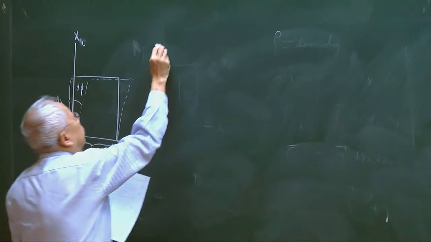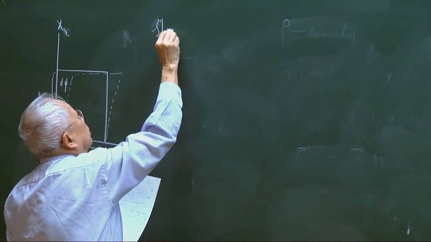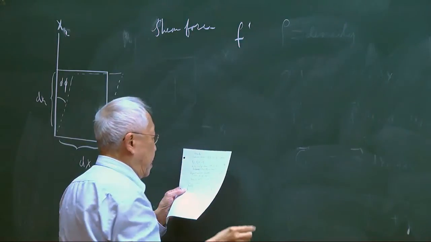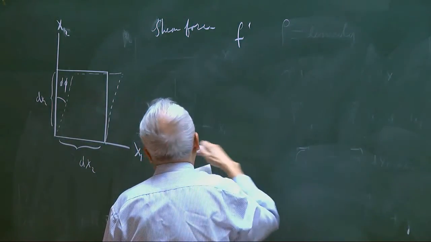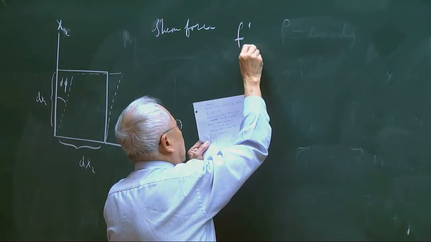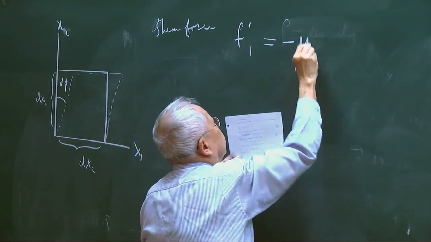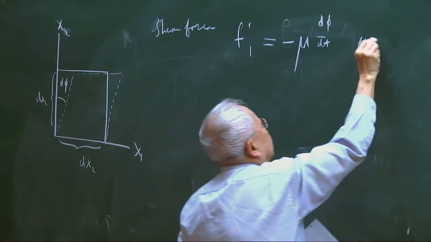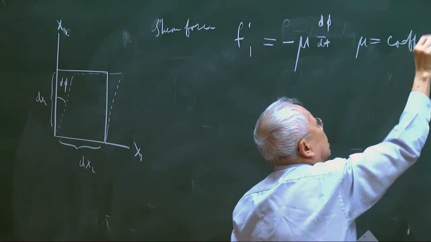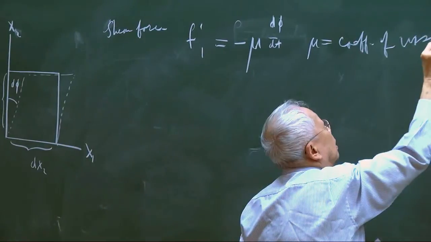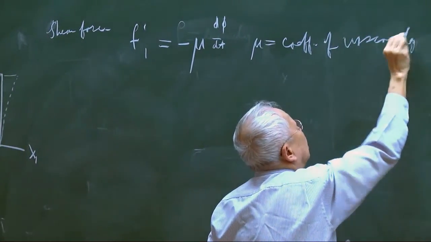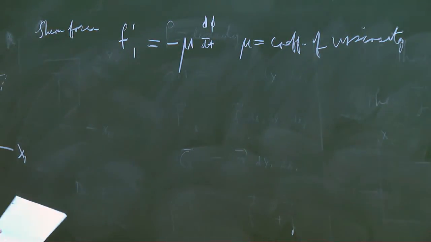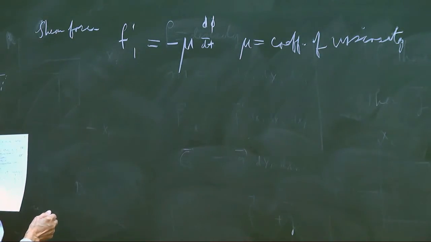The shear force F prime along the one axis is given by minus a coefficient times d phi dt, where mu is the coefficient of viscosity. This you may regard as a definition of mu, or I can re-express it in a more familiar term.